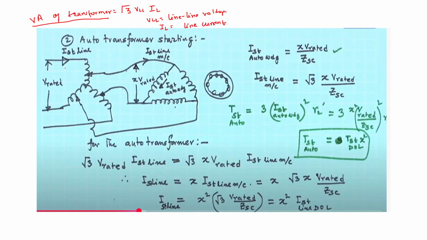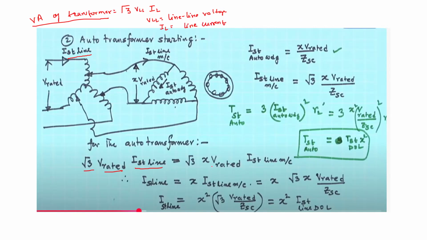So the VA at the input is root 3 VLL IL. Here V line to line is V rated, because the line to line voltage is V rated, and the line current on this side of the auto transformer is I starting line.